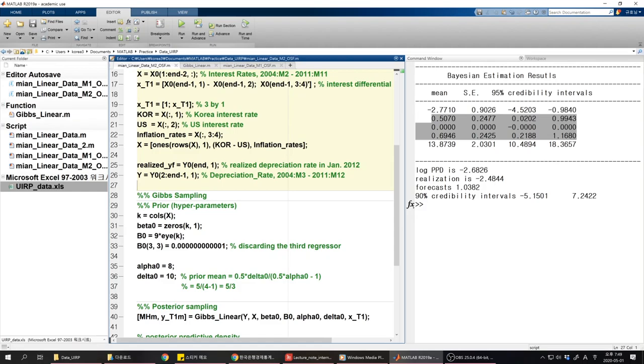regressors, right? So the next time we are going to learn how to choose important regressors only among many possibly relevant regressors. Okay, this is the core of machine learning. Do you know the definition of machine learning? The definition of machine learning is very simple. Machine learning is dimension reduction.